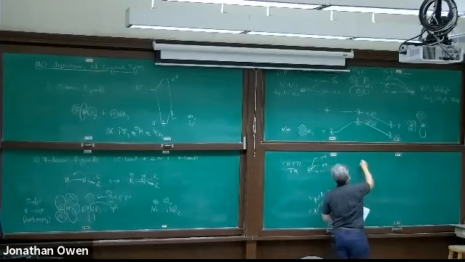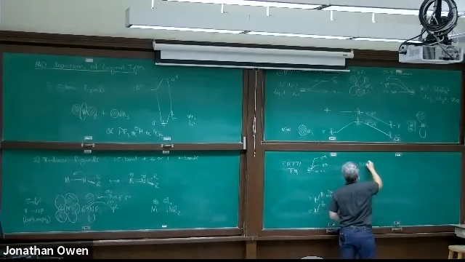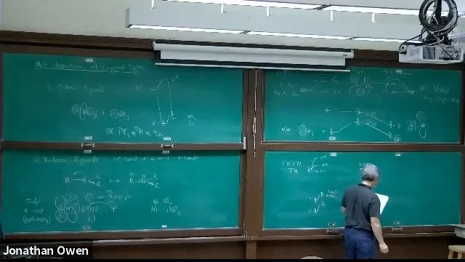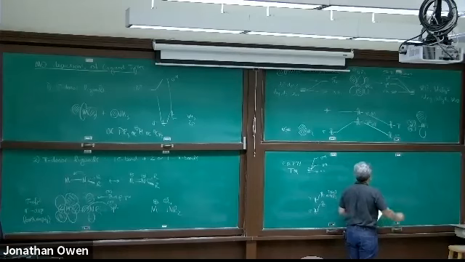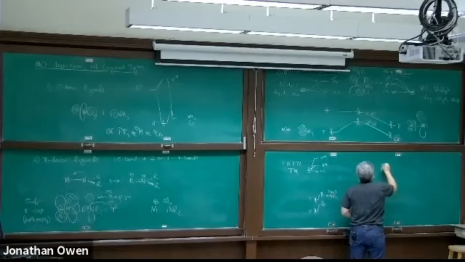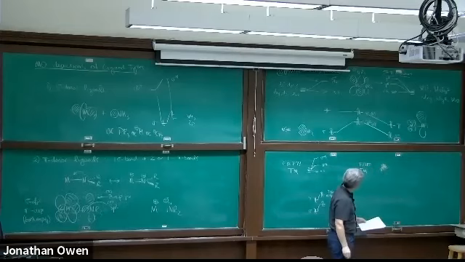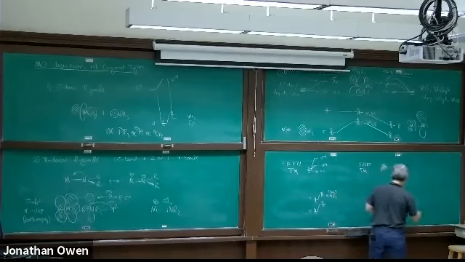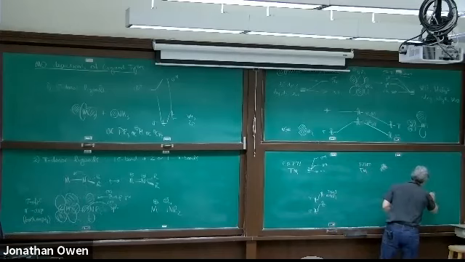And now let's take a filled transition metal. I put 8 electrons in here. We have a filled NR2 minus.